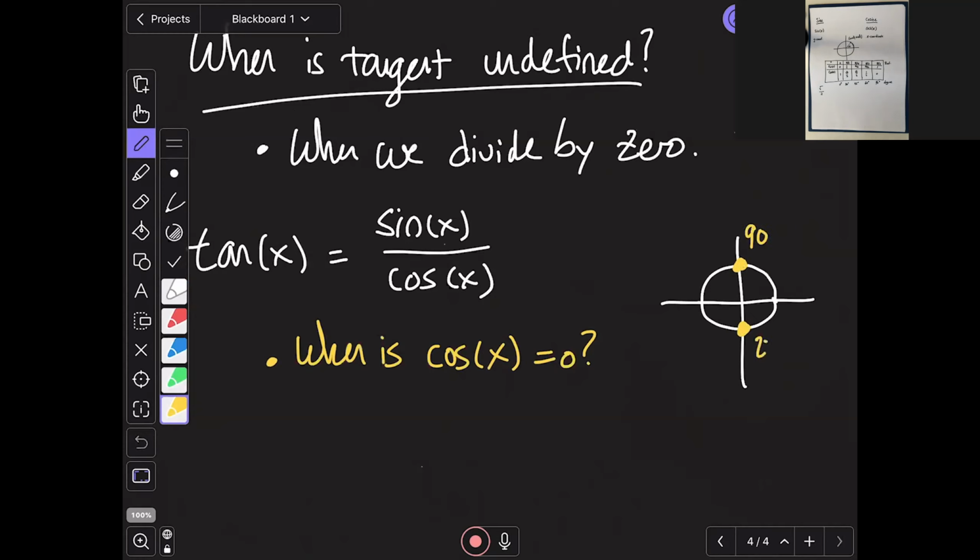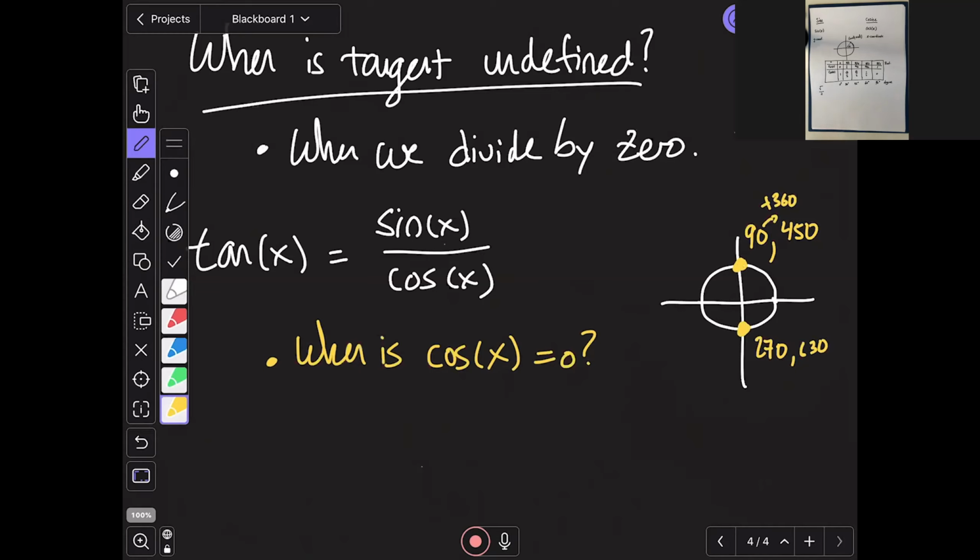And if we kept going, it would be 90 and 270, but then this would also be 450, and if we kept going, it would be 630. So how do we get these things? Plus 360. Anytime I add or subtract 360, I'm going to get the same thing.